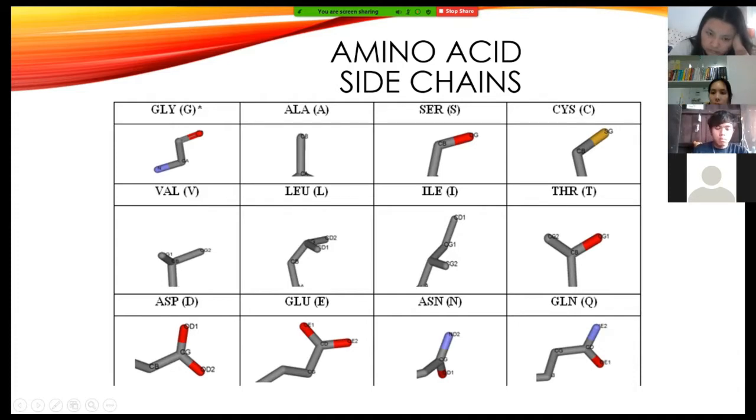Aspartate and glutamate have two red tips, so it has a double bond and OH. The double bond O and OH means it is partially acidic, so it has a partial negative charge, and it allows for salt bridges with the positively charged molecules. And if it has one blue, one red, so it becomes polar neutral, polar uncharged, asparagine and glutamine.